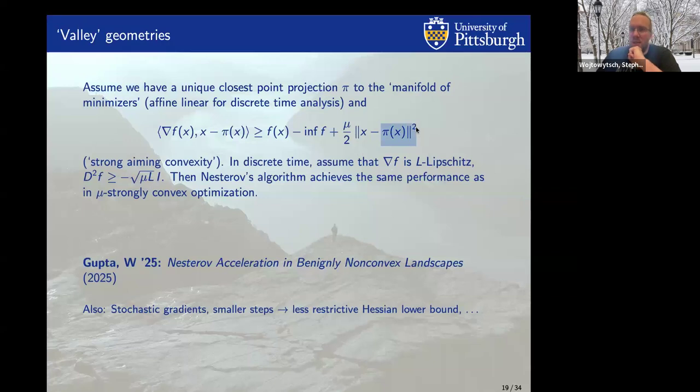So we only need convexity in direction of the set of minimizers. We call this strong aiming convexity. And we need in discrete time to make stronger assumptions. And there is something that's not written here that's a bigger caveat. We'll get to that. But basically, the idea is, well, as long as we're nicely curved towards the set of minimizers, we get mu strongly convex optimization.